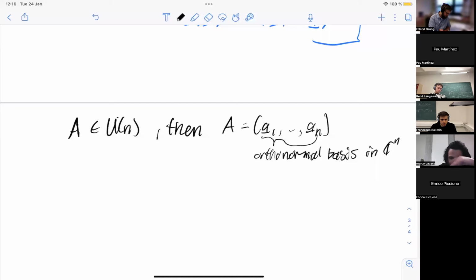Sorry, for some reason my pen keeps disconnecting. What's going on?